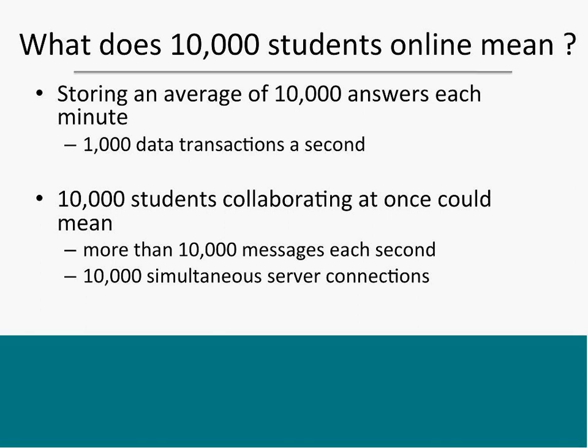Now, having a student answer does create a certain number of transactions back on the servers. In fact, it translates to about 6 transactions for each answer that's stored. So there's actually about 1,000 data transactions taking place in the system when we have 10,000 users online, which is quite a significant number of data transactions, and a normal SQL database would be difficult to be able to support for any period of time.